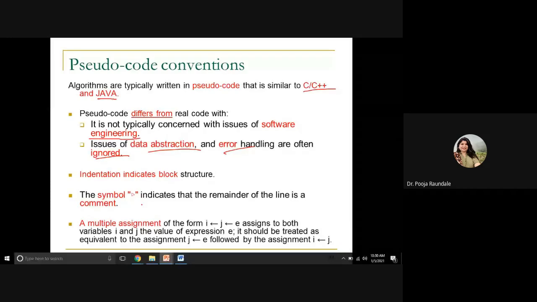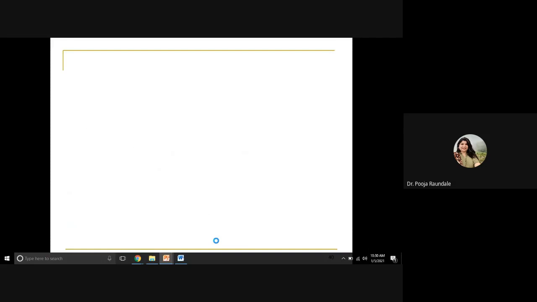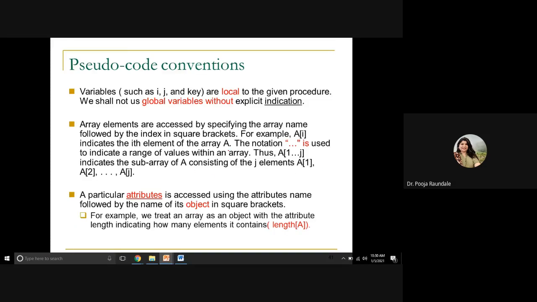Sometimes we may use assignment statements like this instead of writing equal. So this would be the assignment statement. In the conventions, local to the given procedures, we shall not use global variables without explicit indication. So generally we would be using local variables. Array elements we may use.